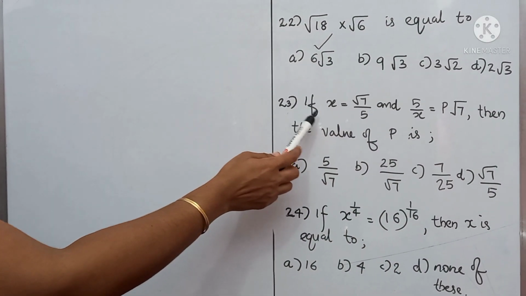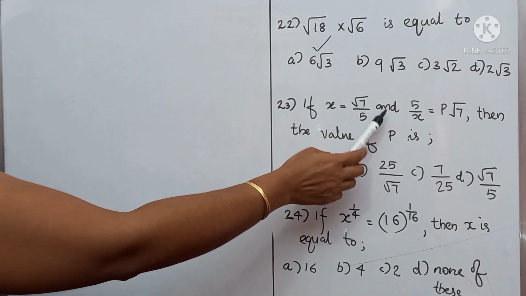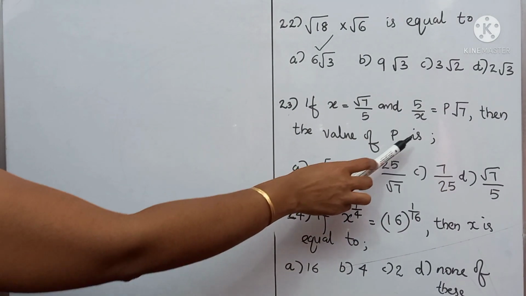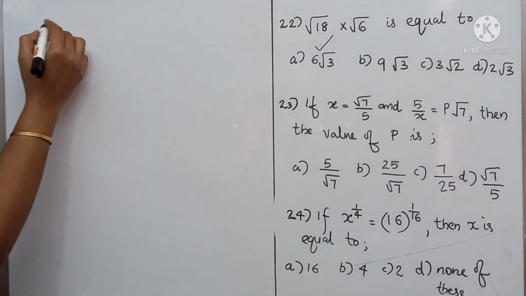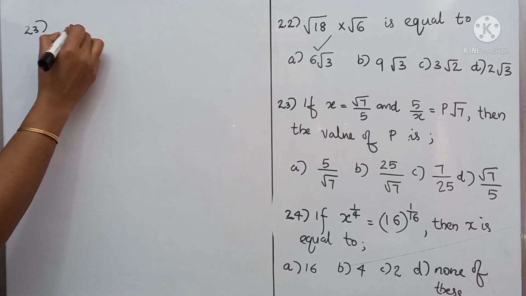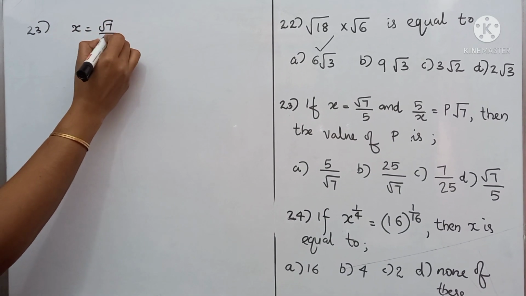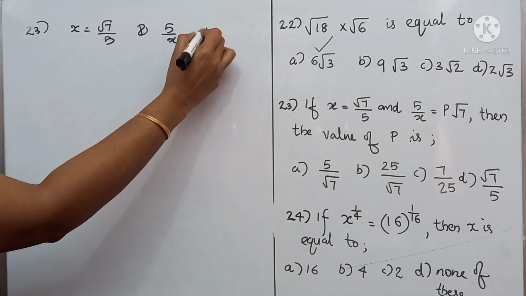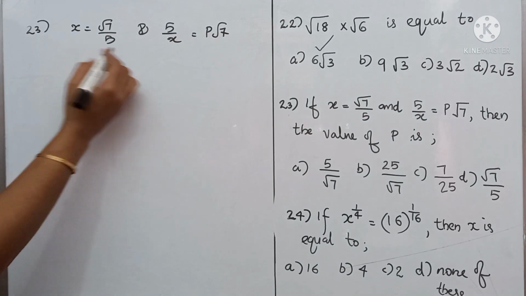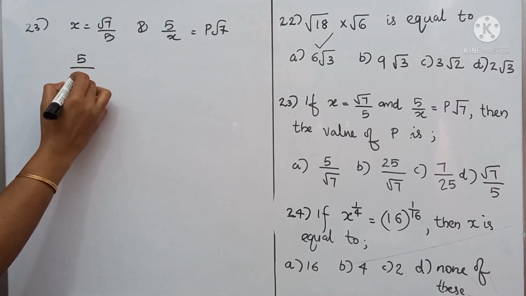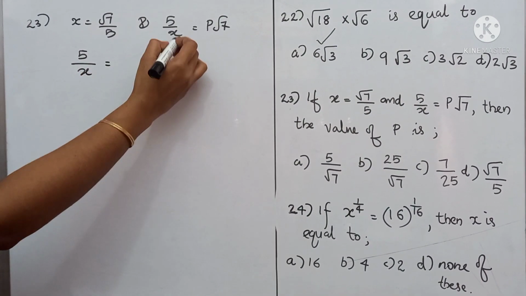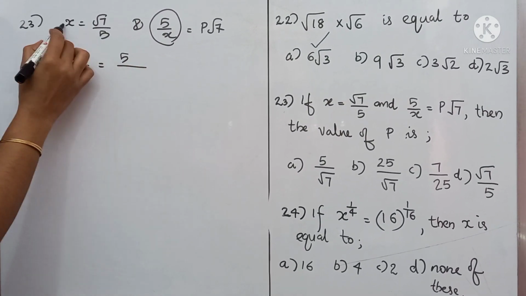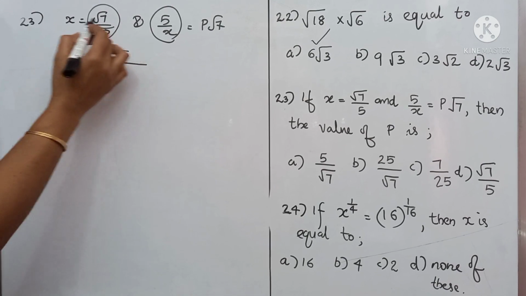23rd question is, if x equal to root 7 by 5 and 5 by x is equal to p root 7, then the value of p is. We have to solve it. X is equal to root 7 by 5 is given and 5 by x is equal to p root 7. First we can find 5 by x, which is equal to 5 divided by, instead of x, root 7 by 5.